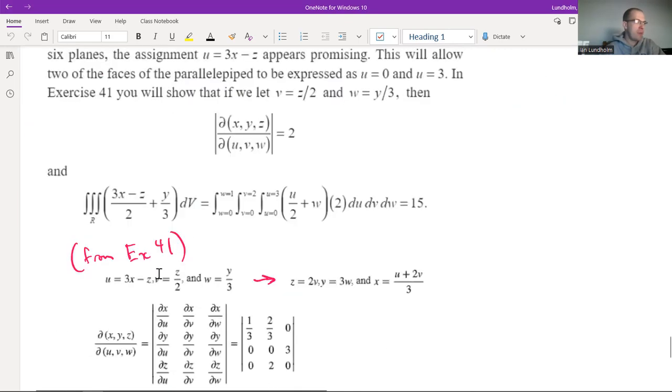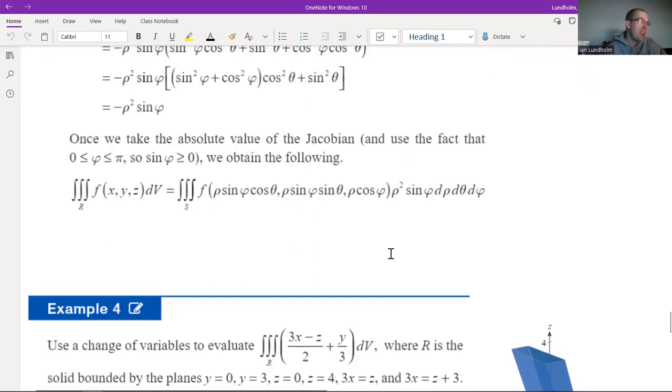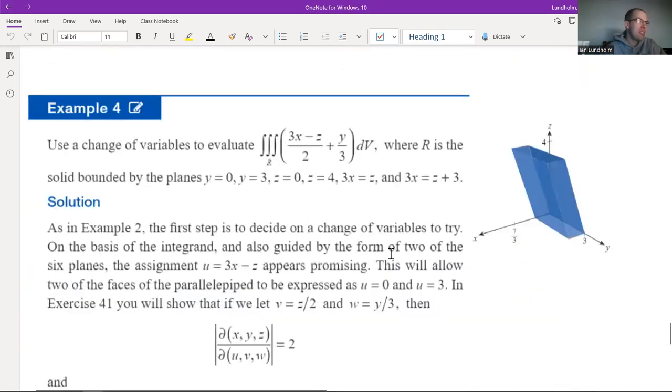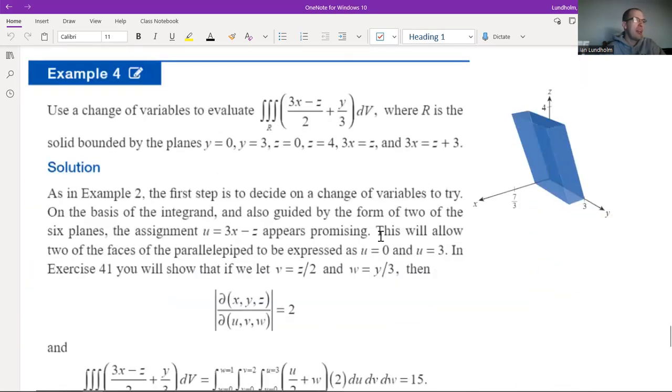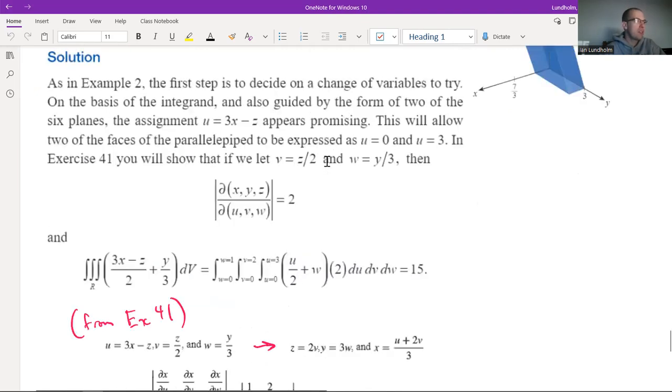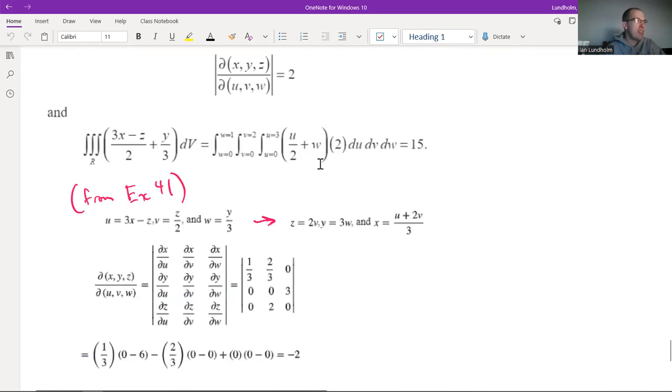Especially for v is equal to z over 2 and w is equal to y over 3, is that really necessary to change those two? Would it have been just as easy possibly to leave x and y as they were? Or sorry, z and y as they were? Maybe.